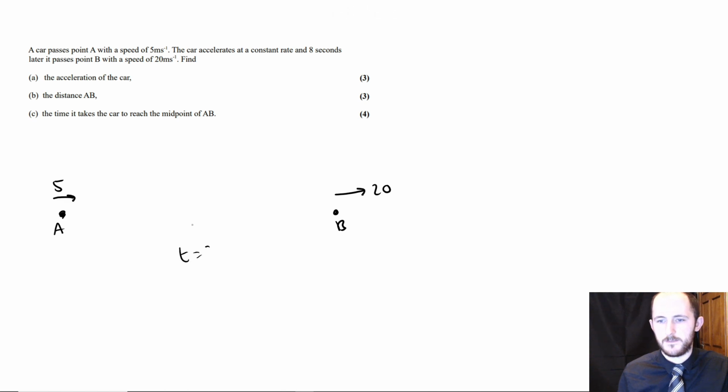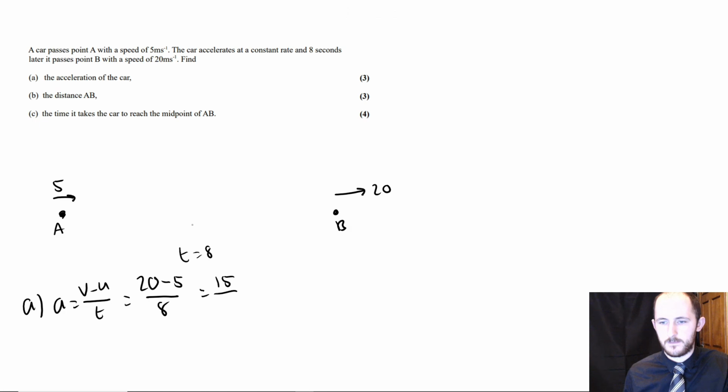Okay. So again, I'm thinking here that we can just use the definition of acceleration. So acceleration is V minus U over T. So we have 20 minus 5 over 8. So 15 over 8 is 1.875.